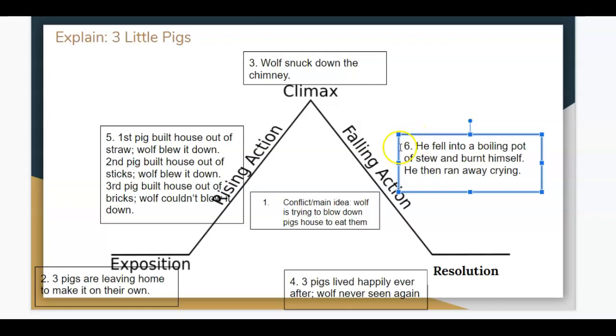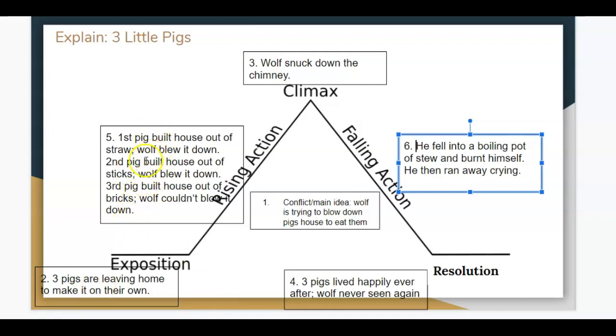So now I can basically see how each thing is connected with each other, okay? So here's my conflict. Wolf is trying to blow the pigs' house down to eat them. That should be the rising action, right? So if we look at the rising action, Wolf blew it down, Wolf blew it down, Wolf couldn't blow the house down, okay? So 3 pigs are leaving home to make it on their own.